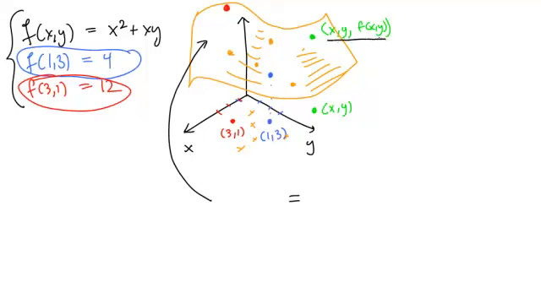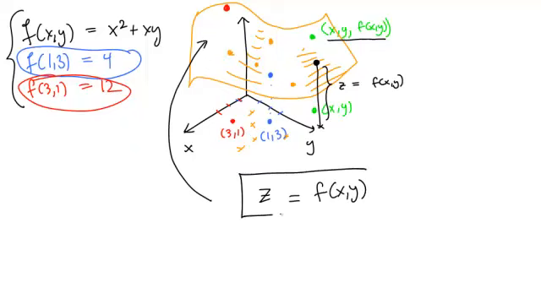If you pick a random point in three-dimensional space, the only way it's going to be on this particular surface is if we take a look at its projection down here, and the height of that projection, the z value, had better be the same thing as the output value from the function. So the z value needs to be equal to f of the input value.